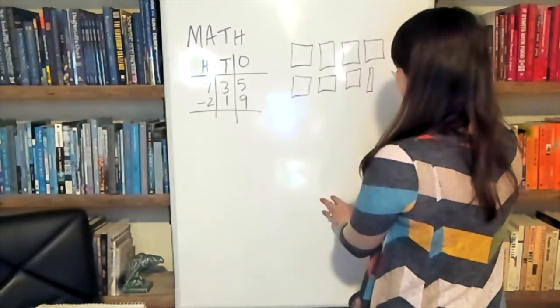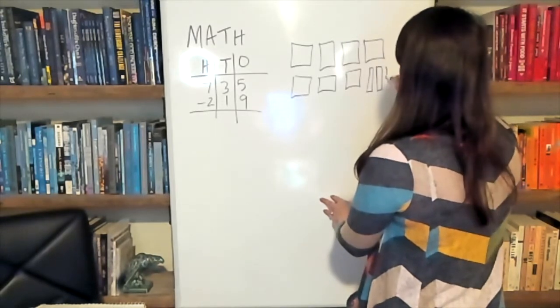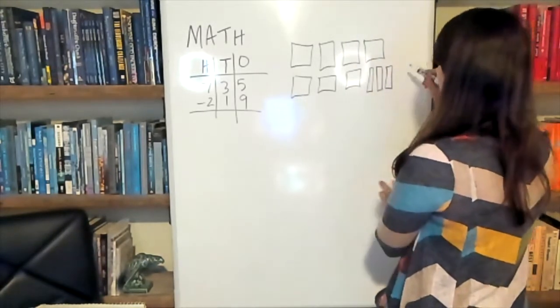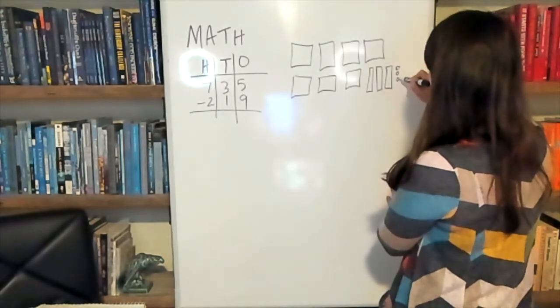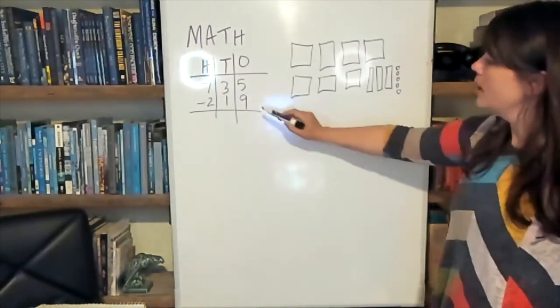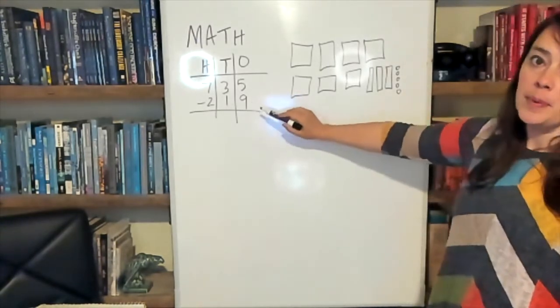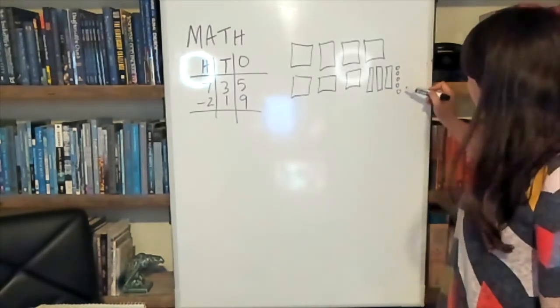And 1 ten, 2 tens, 3 tens, and 5 ones. This subtraction problem calls for taking 9 away from the ones, and you can tell that's not possible.